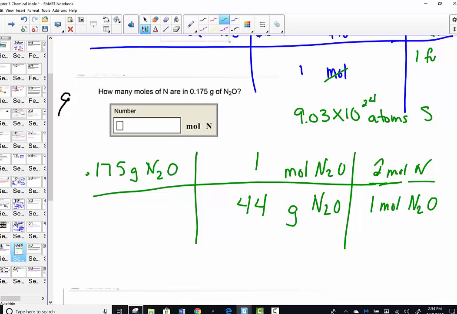So when I solve for this, 0.175, I'll divide by the molar mass of 44, and then multiply by 2, the number of nitrogen atoms. And when I solved, kind of tiny, 0.00795, but I'll look up.